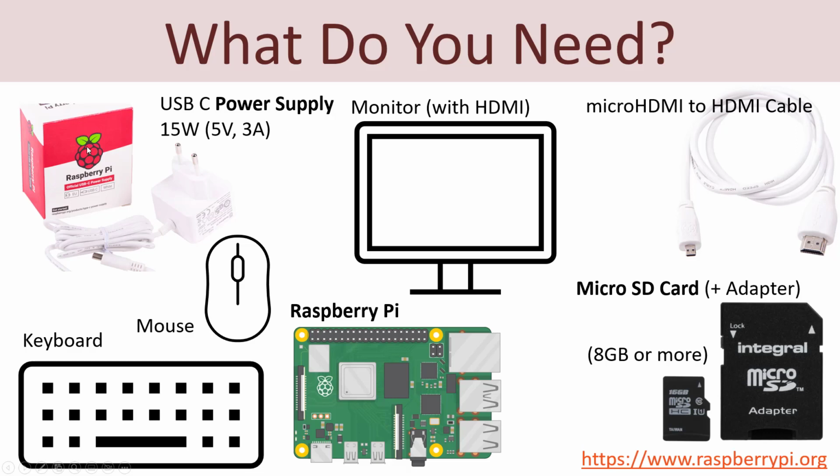And then you need a USB power supply, and if you want to connect your Raspberry Pi to a monitor, of course you will need a monitor and you will need an external keyboard and a mouse. But in this tutorial I will show you how you can install and set up and use the Raspberry Pi remotely from your computer.